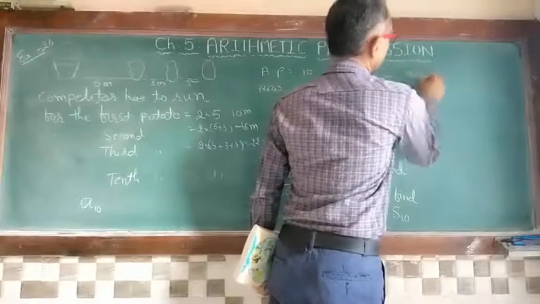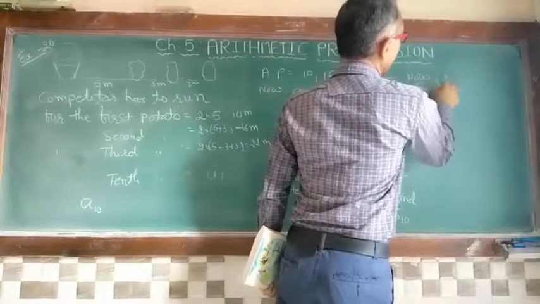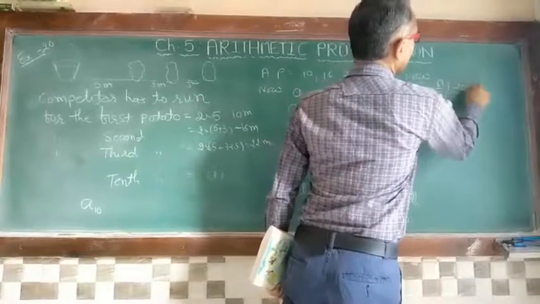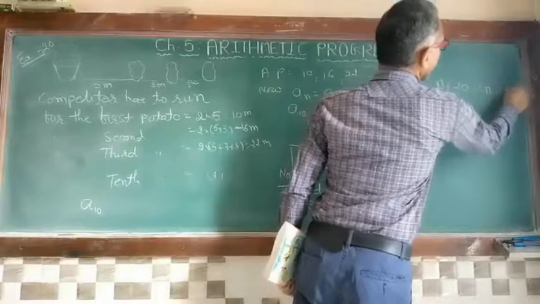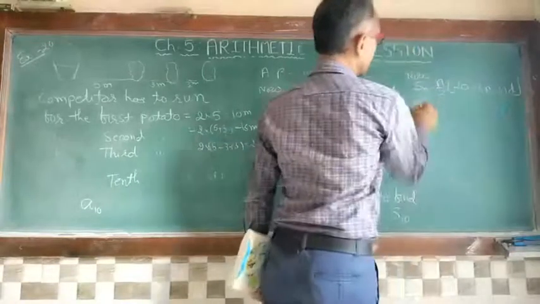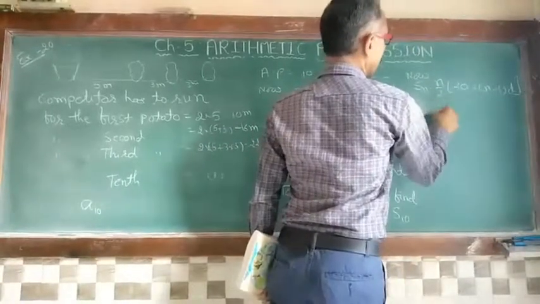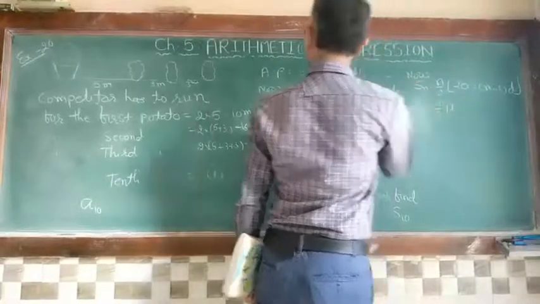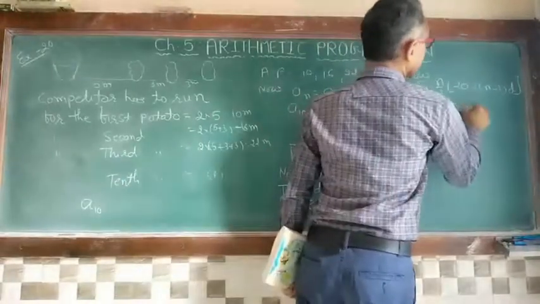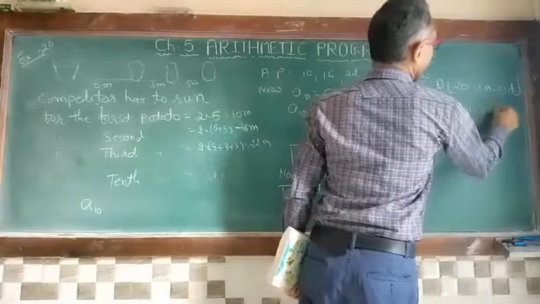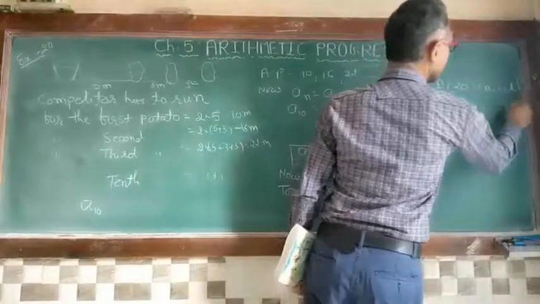Now Sn is equal to n by 2 into twice a plus n minus 1 into d. So your S10 is equal to 10 by 2 into, your first term is 10, so 2 times 10 plus 10 minus 1, and d is 6.